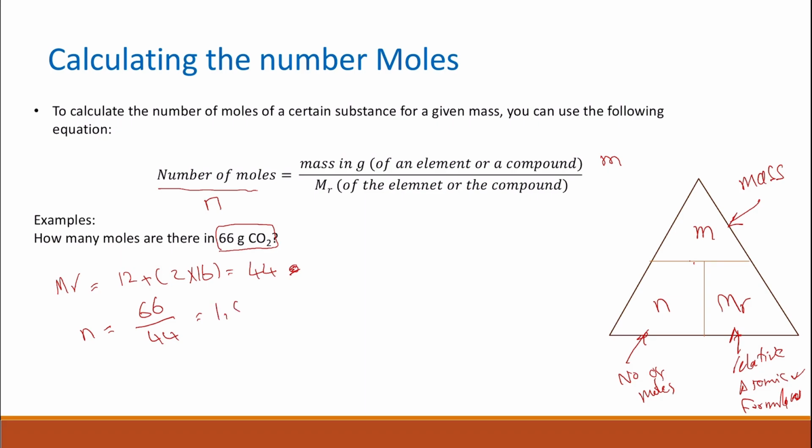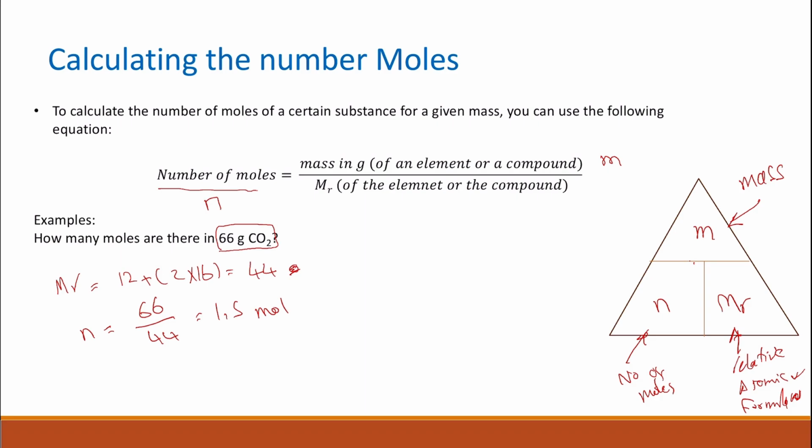So this is 1.5 mole. So we have 1.5 mole of carbon dioxide. And you can rearrange this equation in any way to calculate the variable that is needed. So if they give you the mass and ask for the number of moles, you can use number of moles equal mass over relative formula mass.